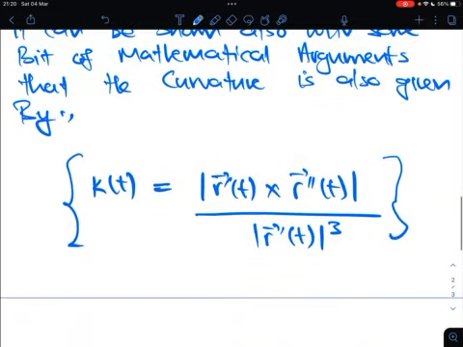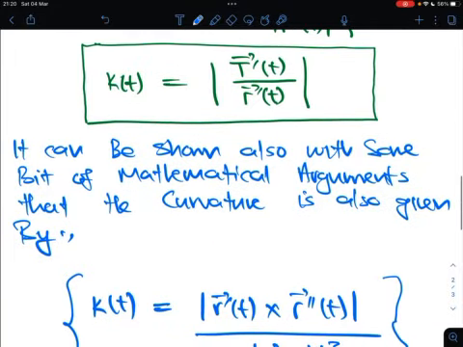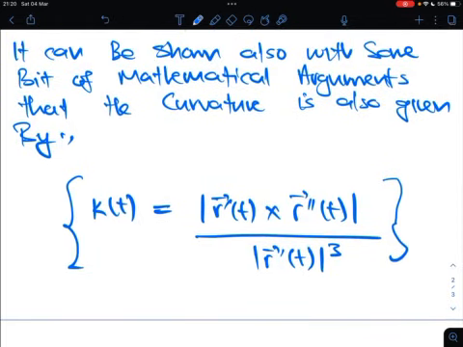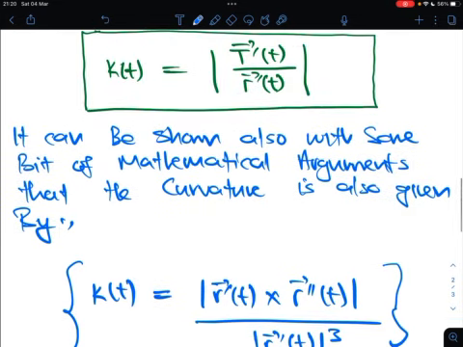But this one sticks to using only the position vector, and we just need to find the first and second derivative and then take the cross product. This can be an easier task, especially when the problems become much more intense. It is always much more preferable to work with this version of curvature than the first version.